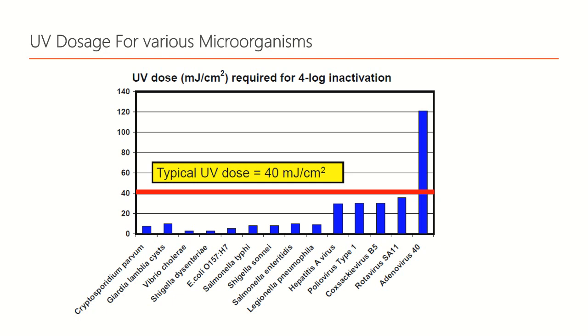Of course, we still do not have the actual data for the coronavirus or COVID-19 yet. But looking at the average system, as I said in the earlier slide, if you take an average, 67 millijoules per centimeter square should be sufficient to kill such a type of virus.